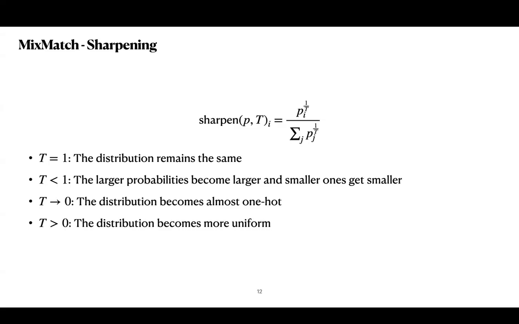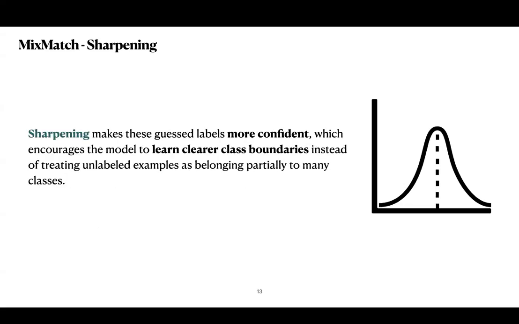Actually it's a hyperparameter that should be tuned, but smaller values are preferred since you want to learn a low-entropy distribution in this labeling process. If you use lower values for T, the model becomes more confident in its predictions, and it encourages the model to learn clearer class boundaries.